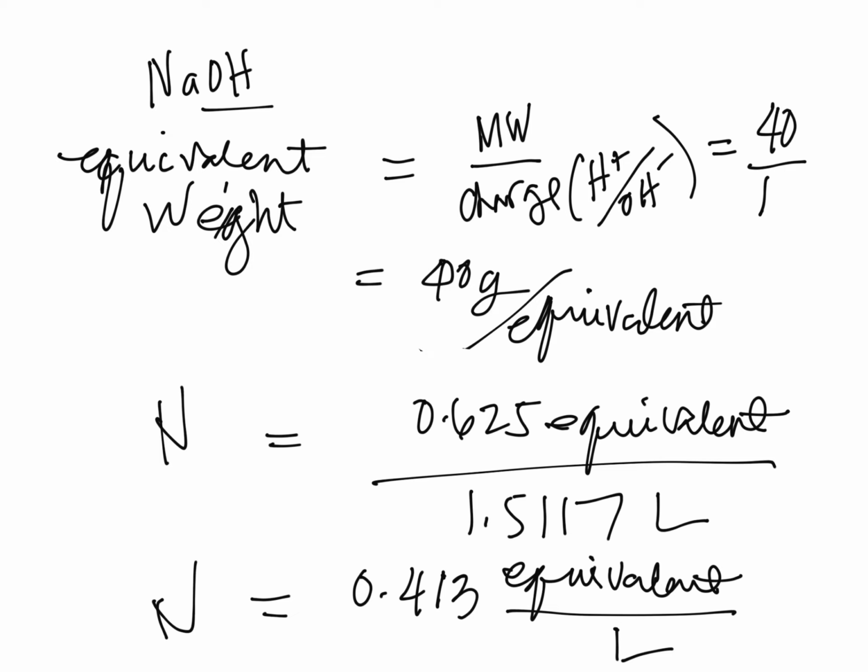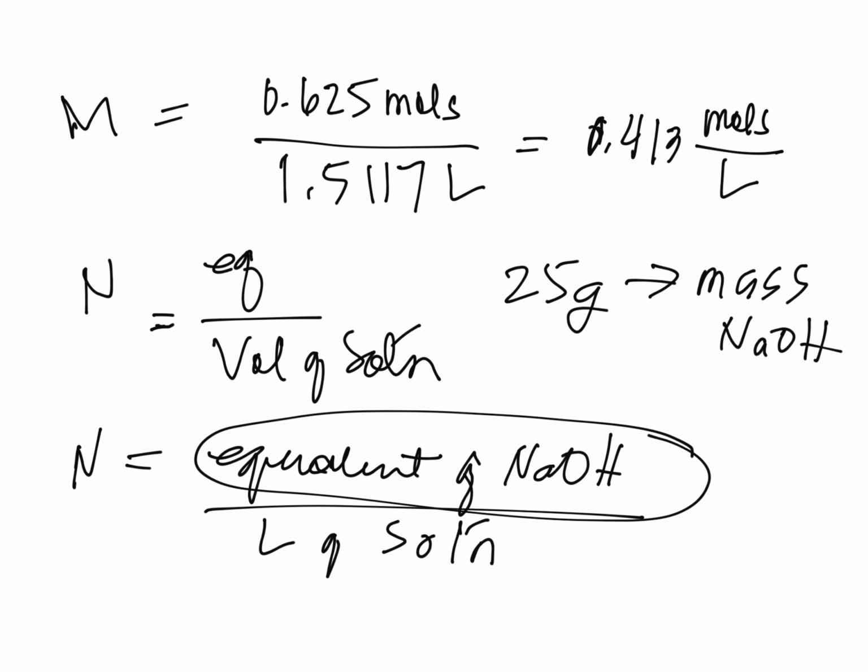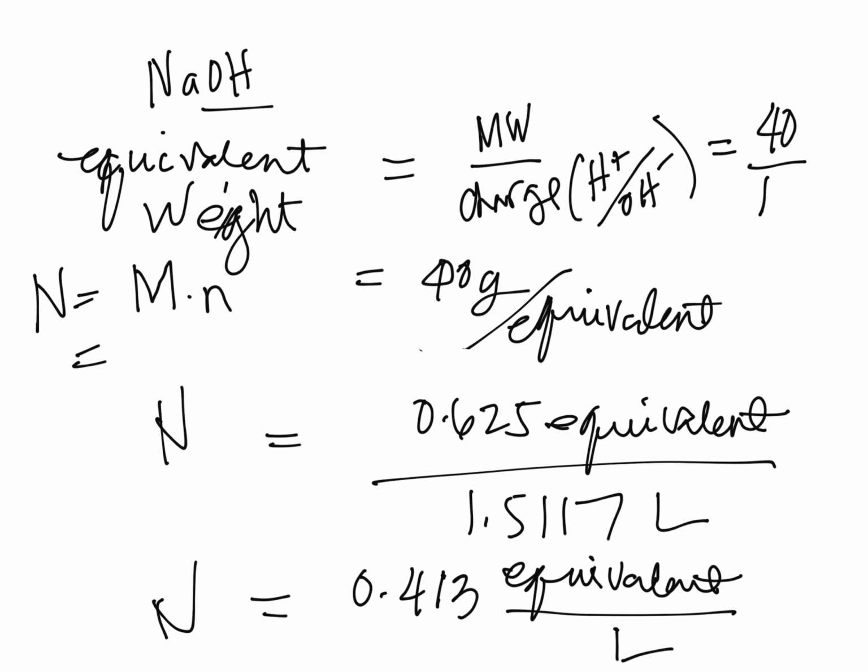The other, easier way to calculate the normality is using the molarity, that's normality equals molarity multiplied by the number of equivalents, or the charge, which is, as we can remember, molarity is 0.413.